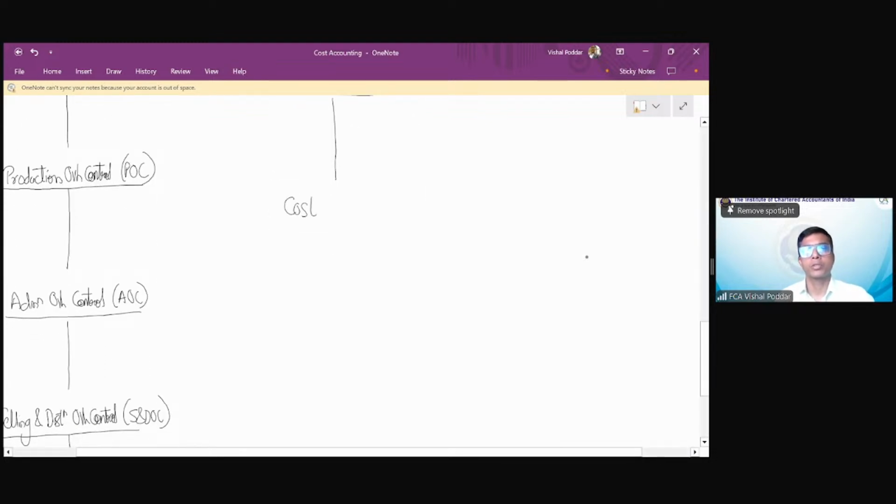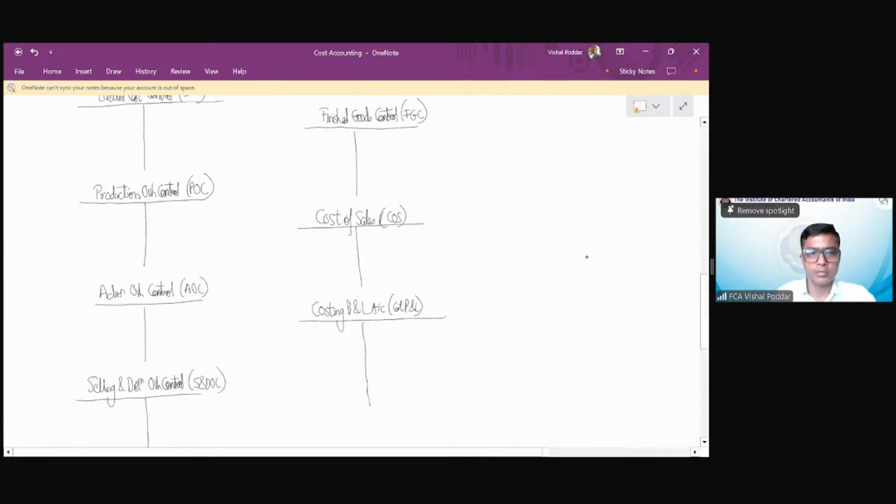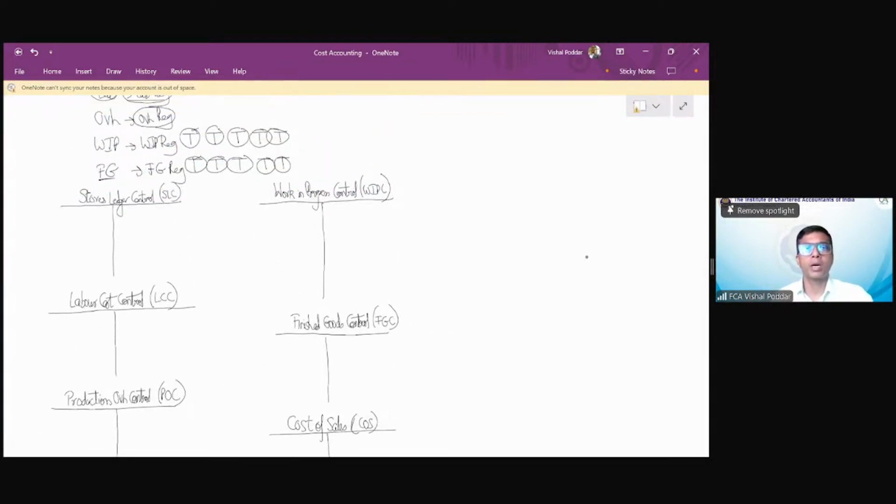You have the cost of sales, COS account. Again, 6 to 8 lines. And you have the costing P&L account, short cost P&L. 6 to 8 lines. So majorly the two big accounts which will require more number of lines are stores ledger and WIP ledger, where you have to devote 8 to 10 lines. For remaining accounts, you give 6 to 8 lines.